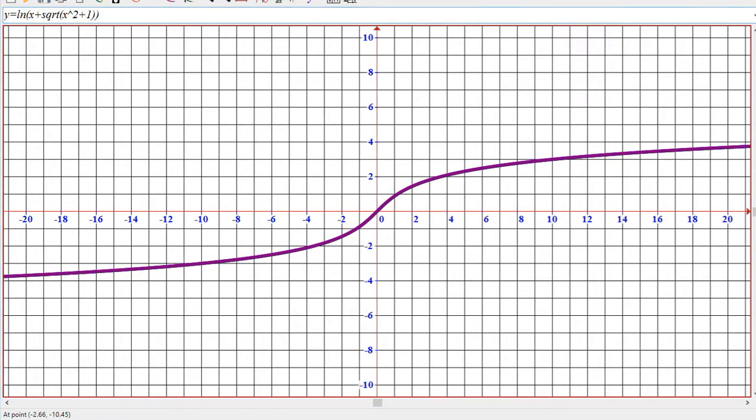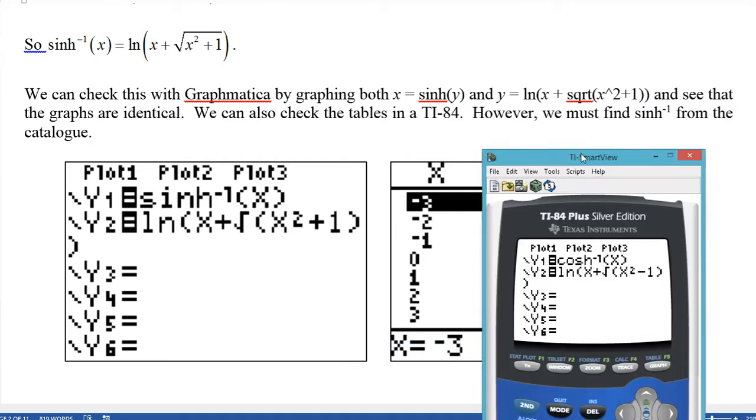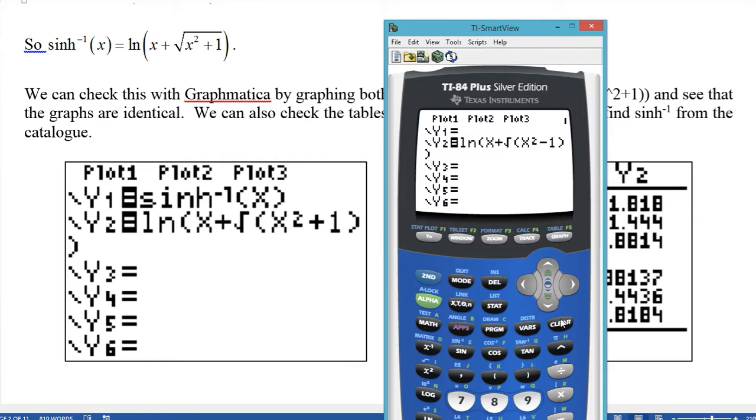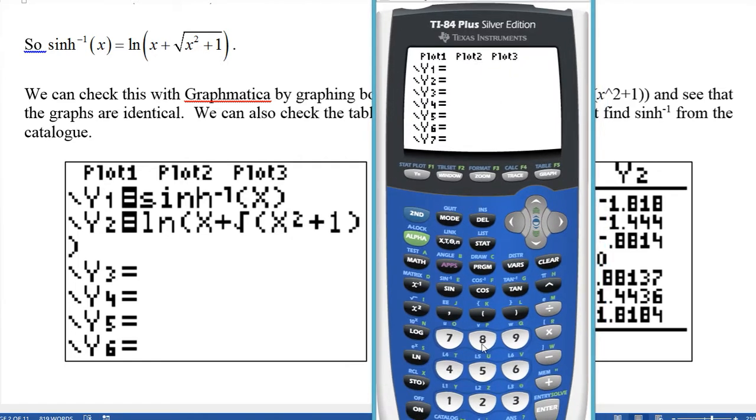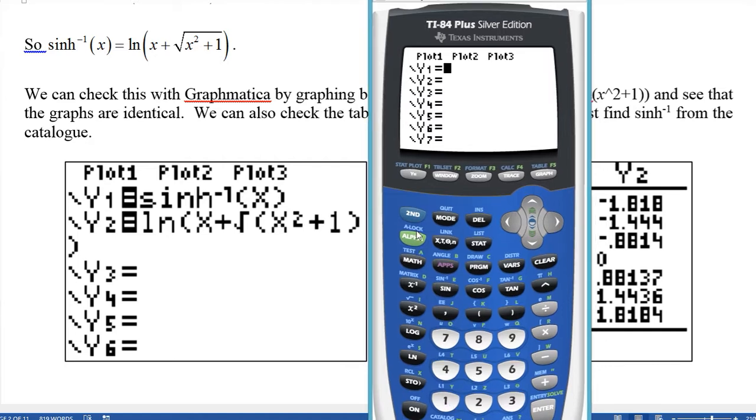We can also check this on our graphing calculators. There is a sinh inverse of x on a graphing calculator. However, finding it is a little bit interesting. One way you can find it, really about the only way you can find it, is to go to the catalog, which is second and 0 down here.